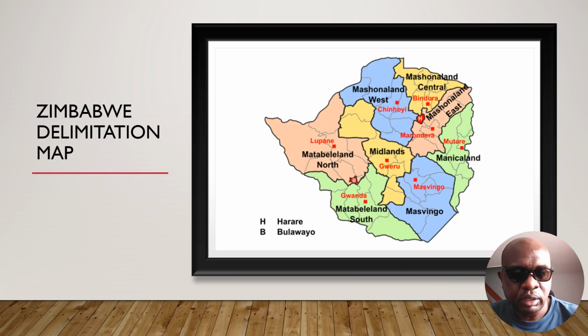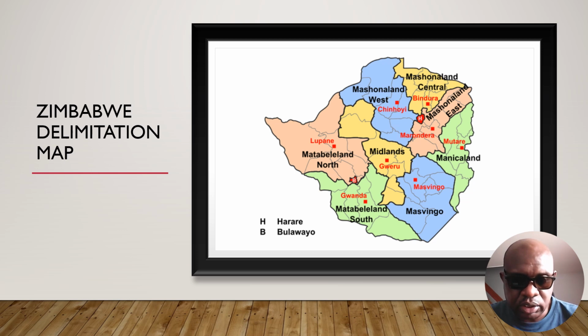Okay, now let's look at the delimitation map of Zimbabwe. The delimitation map of Zimbabwe looks like this. We have Matabeleland North Province, which is over here. Then we come to Matabeleland South Province, which is over here. Midlands Province, you can see, is one of the largest provinces in the country.